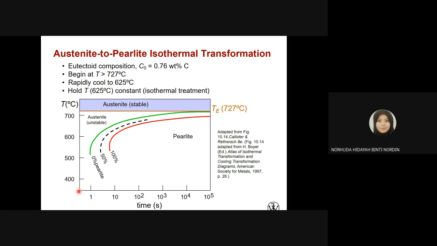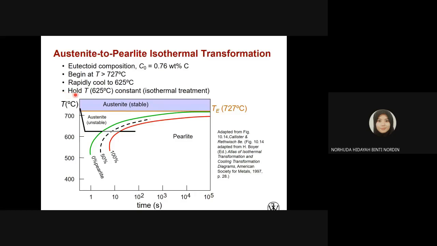You begin at T more than 727, which is here, and then you rapidly cool to 625. Where is 625? Around here. So you draw a line from 727 to 625, to the point here. And then what did it say?